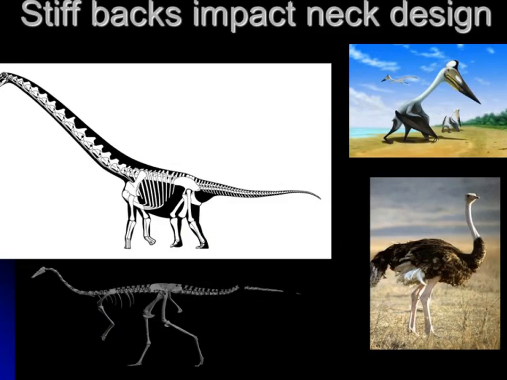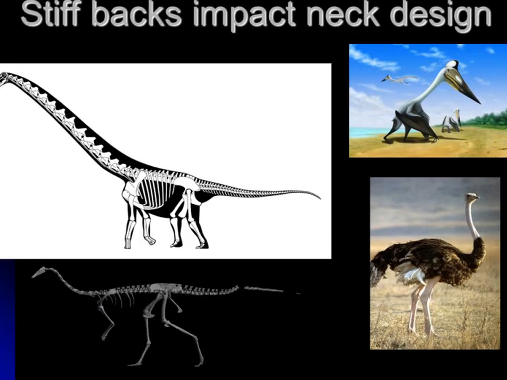Animals with stiff backs are inevitably the ones that have long necks. That doesn't mean all animals with stiff backs have long necks. You can get away with a short neck just fine, although with a stiff back and a short neck, you're very limited in where you can stick your head. So if you're a small little shuffling animal that just eats off the ground, that's not a problem.